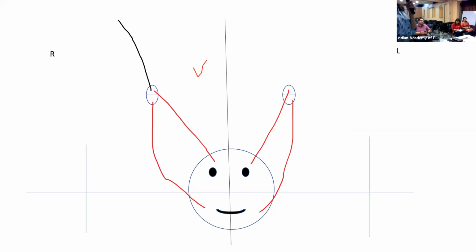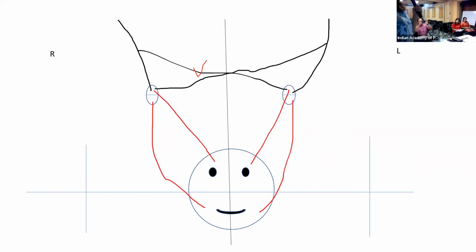See, the right-sided cortical fibers are going to the right-sided upper part of the facial nerve nucleus. They are also going to the left side. What is happening to the left side? Going to the left side upper part, also going to the right side. So the right upper part of the facial nerve nucleus is innervated by both sides. So the upper half of the right side of the face is innervated by both sides.